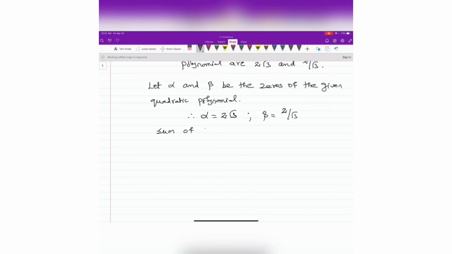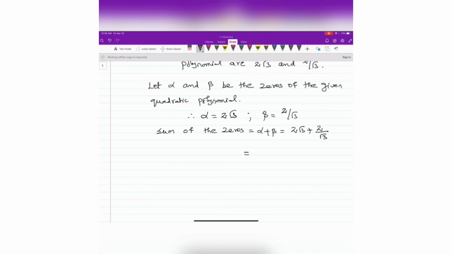Sum of the zeros is equal to alpha plus beta is equal to 2 root 3 plus 2 by root 3. I have just substituted the value of alpha and the value of beta. That's all.